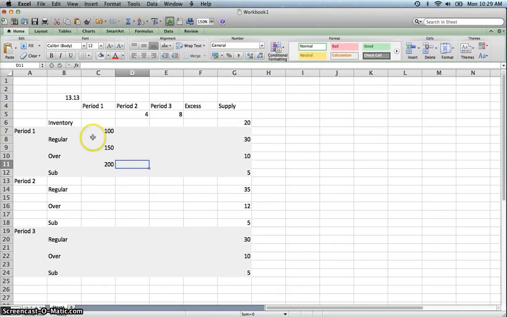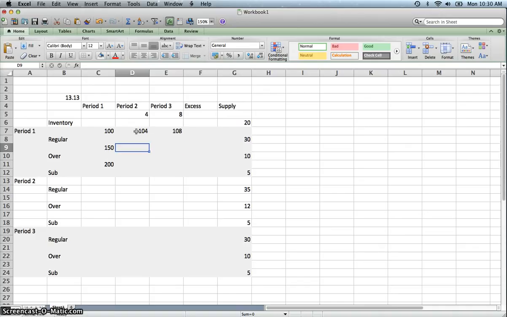If you produce in period one and hold that unit over for period two, that would be the cost of the $100 plus the carrying cost. So that'd be 104. Once again, in period one, if we were to produce it in period one and hold it all the way to period three, it'd be 108. So $100 plus the $4 for period two and another $4 holding cost for period three.